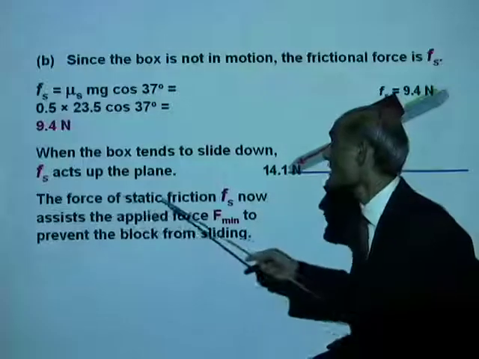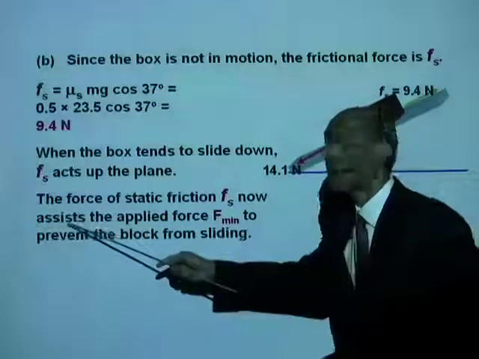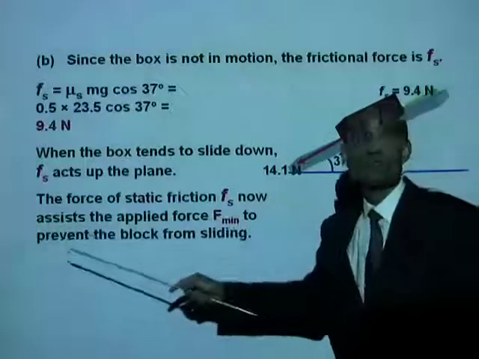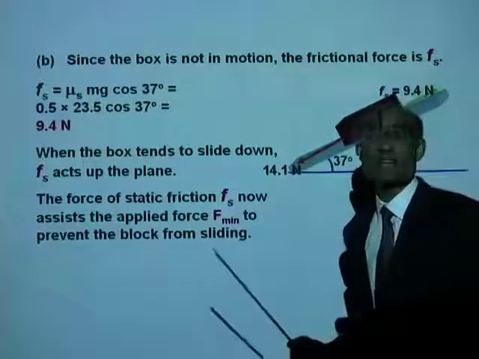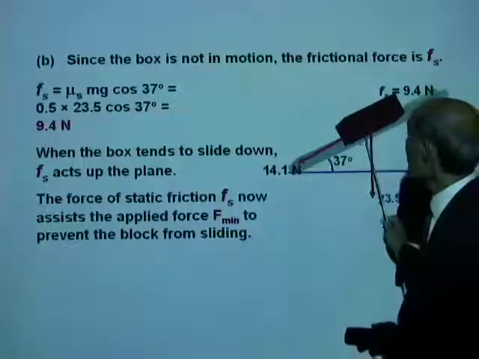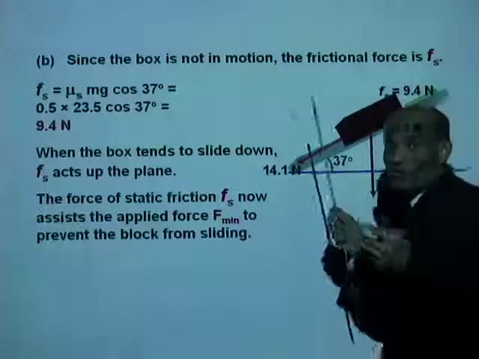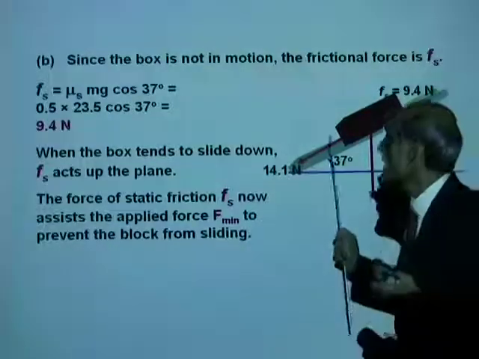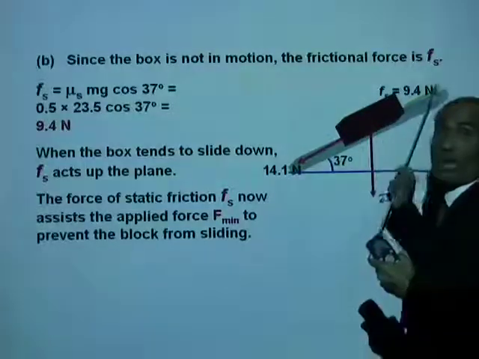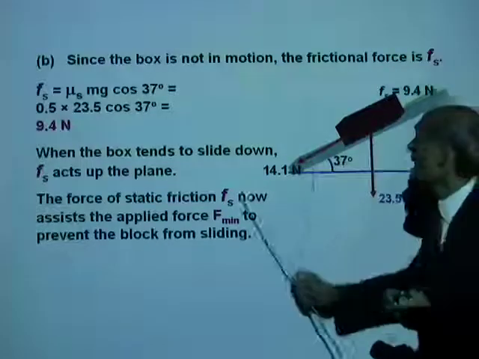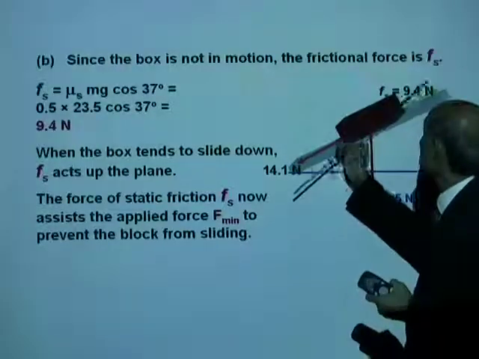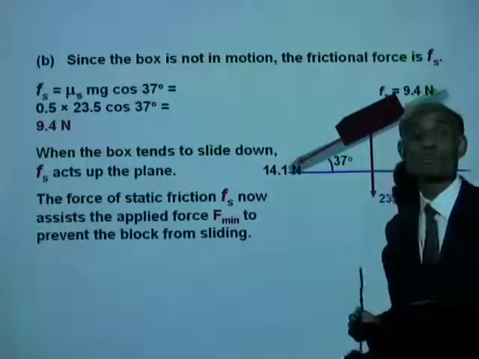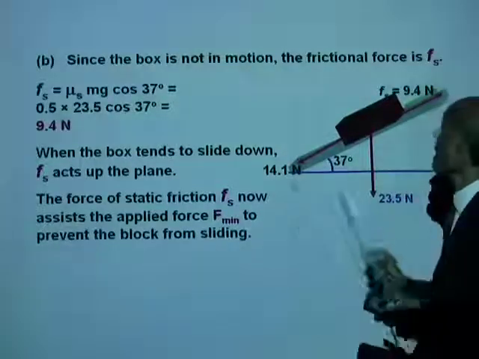The force of static friction, Fs, now assists the applied force, F minimum, to prevent the block from sliding. That means if you now want to keep the box from sliding down, we need to balance the downward force with the upward force. So the F minimum added to the frictional force must balance the 14.1 Newton down the plane.